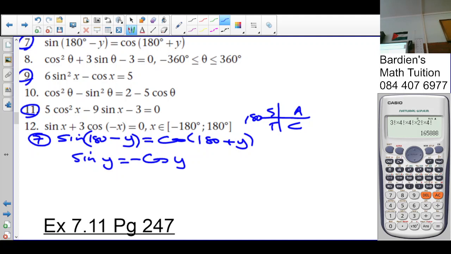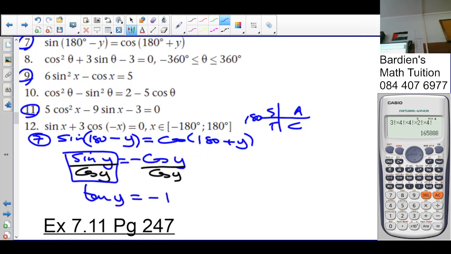So what can we do here? We know that sine over cos is tan, so I divide both sides by cos. That becomes tan y is equal to negative 1. Now we work out the reference angle first: arctan of 1 is 45.